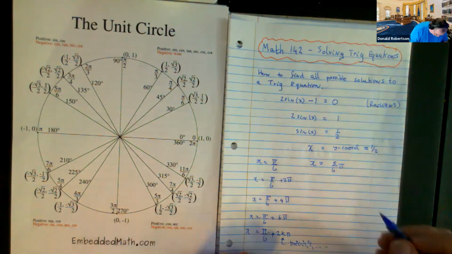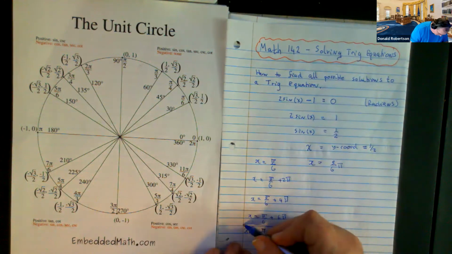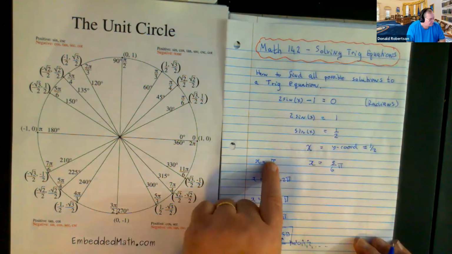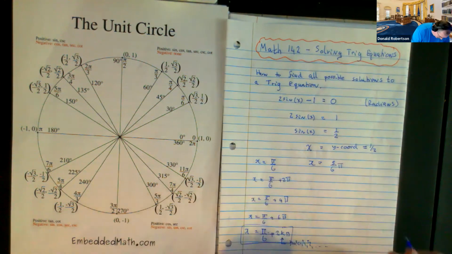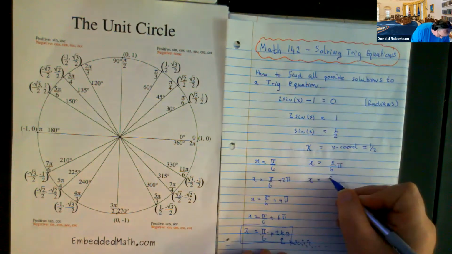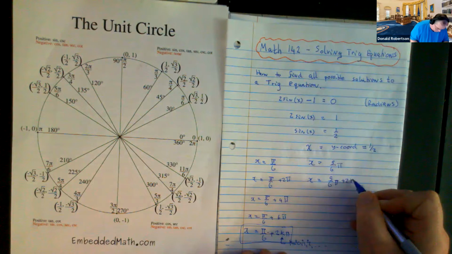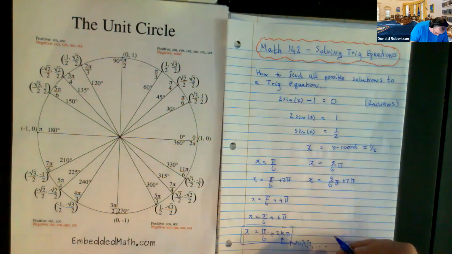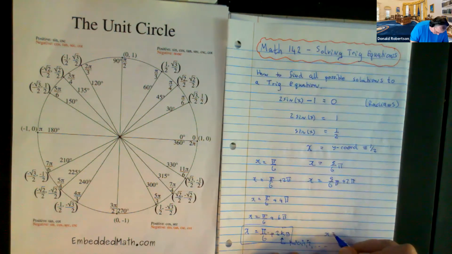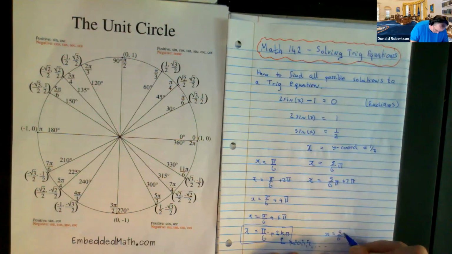So that represents all the answers that are like it. And this one, well, if you took this and you added 2 pi, wouldn't you get a whole load of answers just like it? So wouldn't the second answer be 5 pi upon 6 plus 2k pi?